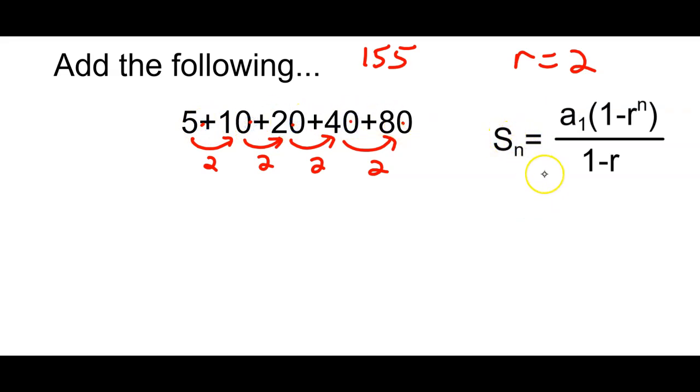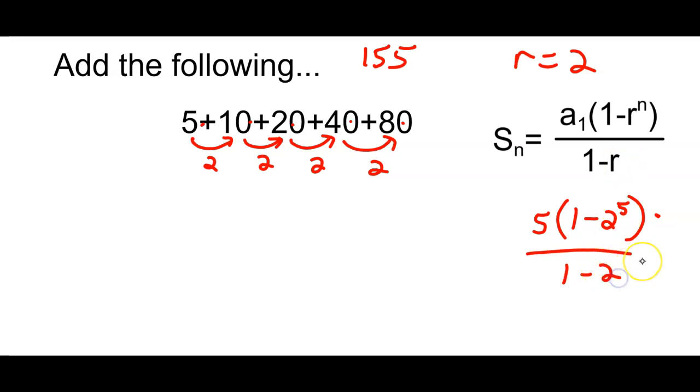So the sum of the 5 numbers here is equal to the first term. Let's plug that in, 5, times 1 minus the common ratio of 2 raised to the nth power. In this case we have 5 numbers, all over 1 minus r.